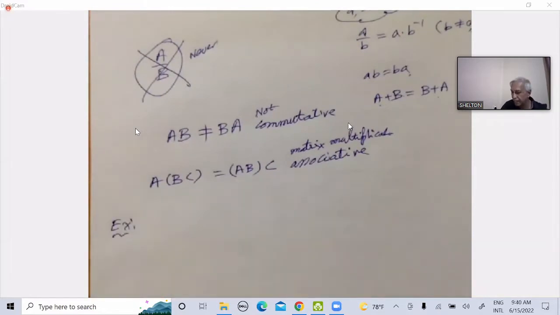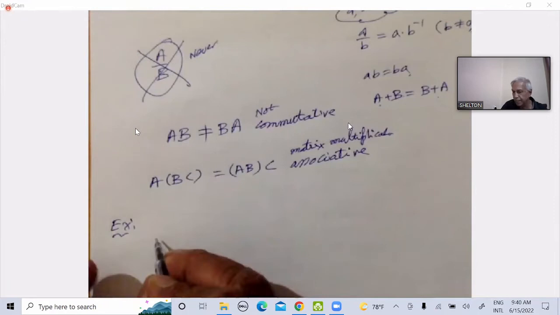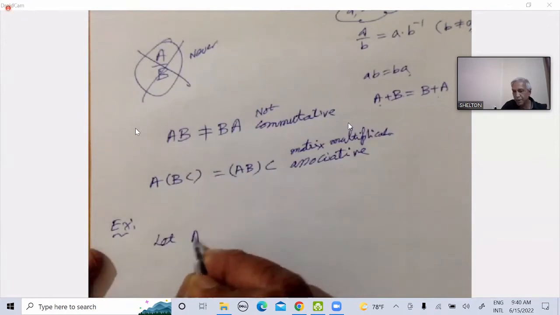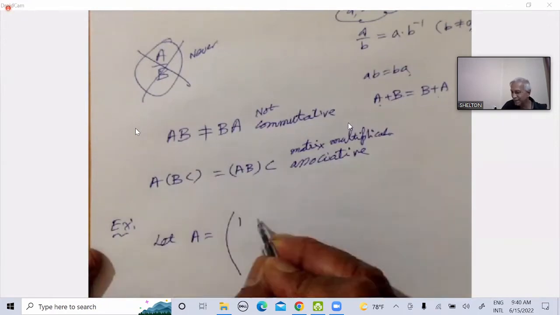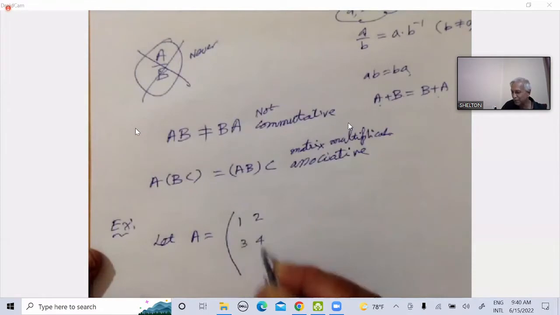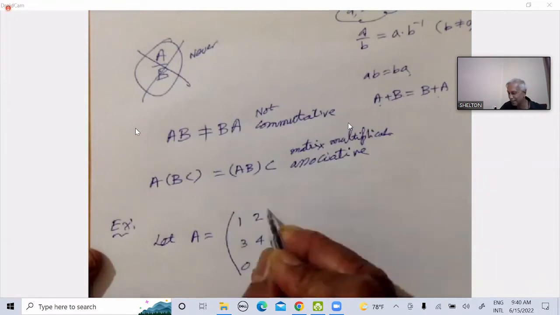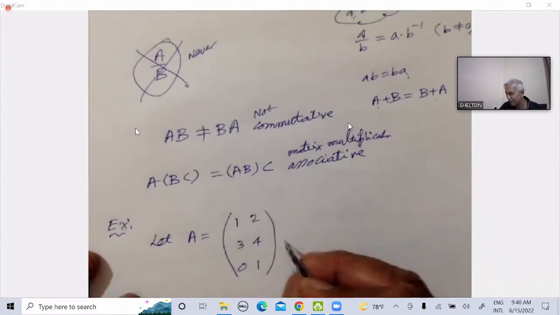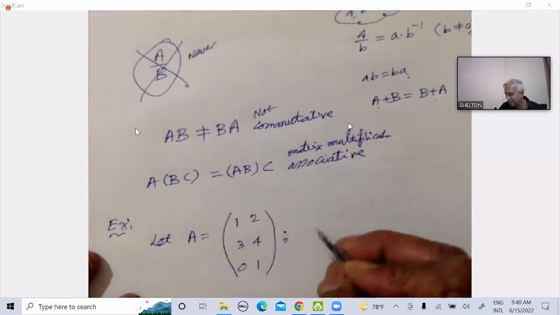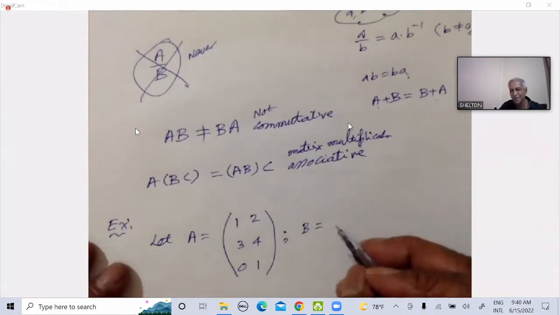So let capital A be 1, 2, 3, 4, 0, 1. It's nice that you corrected the error that I made earlier.